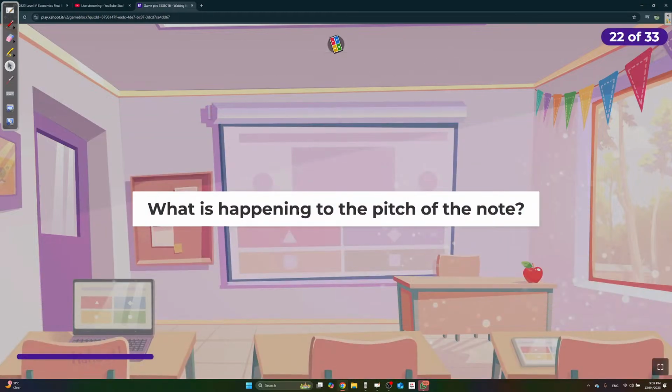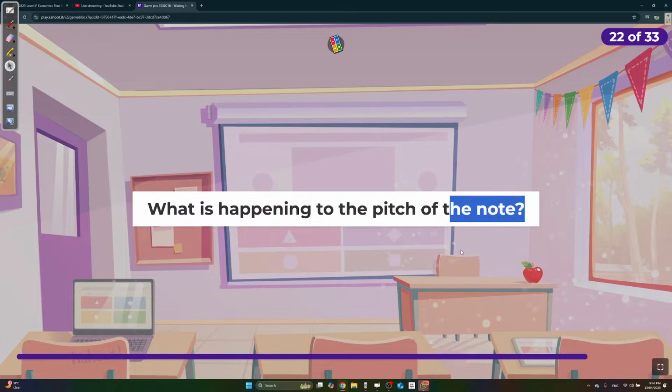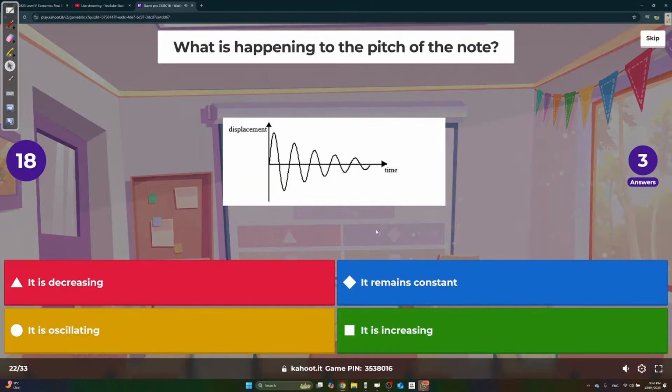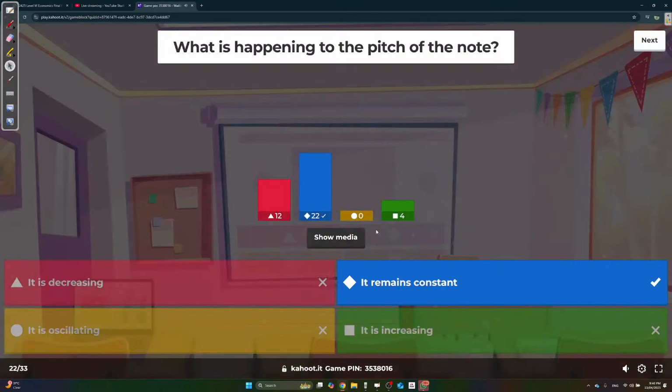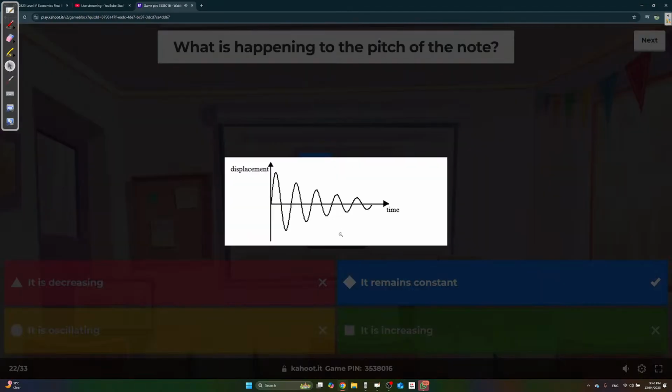Next, what is happening to the pitch of the note? Okay, so you need to look at the image. What is happening to the pitch? Okay, it remains constant. Is it decreasing? Guys, look at the frequency here. The frequency is constant. It's not changing.